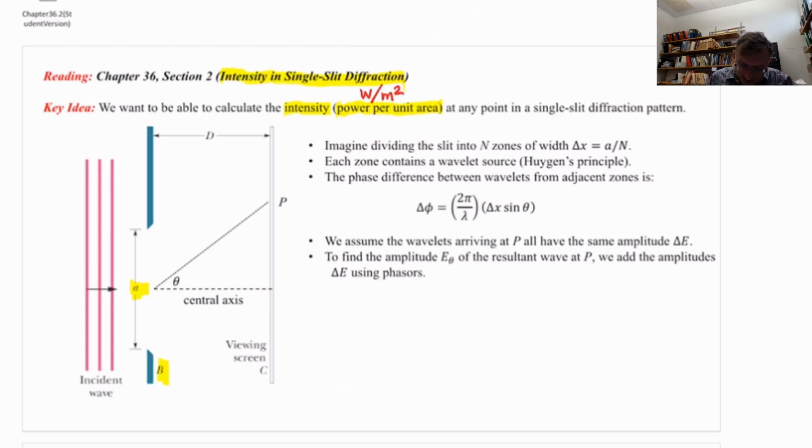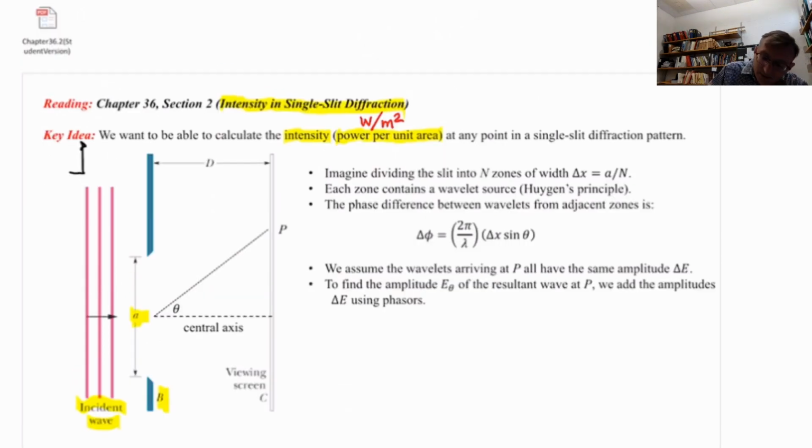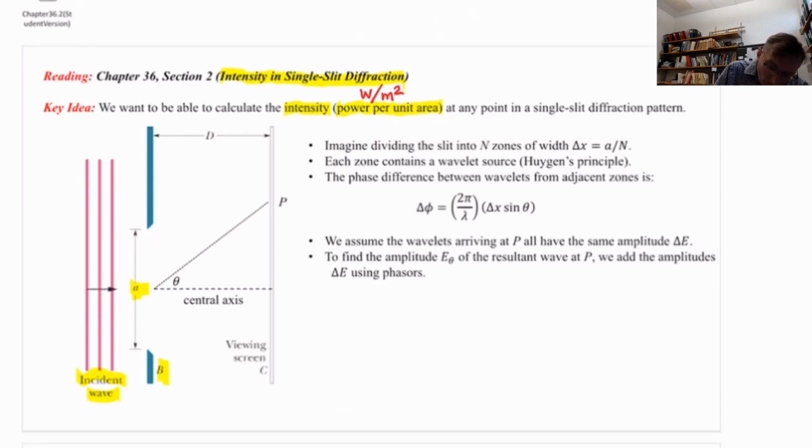And we're sending in an incident plane wave perpendicularly on that screen. And the distance between these two adjacent plane wavefronts here is the wavelength, lambda. And if it's visible light, that's going to be in nanometers.